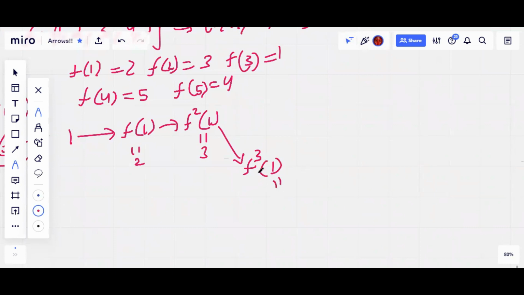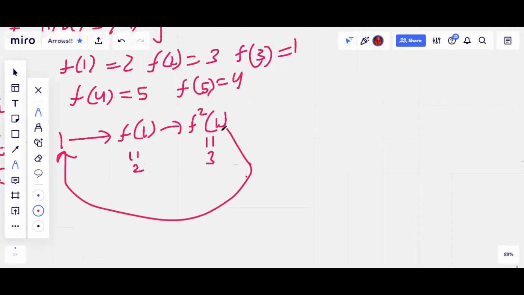So we just moved around a cycle and returned back to 1. So we can just draw it like this instead of just writing f 3 times. We can just directly draw the arrow from here. So this is a cycle with 3 elements.